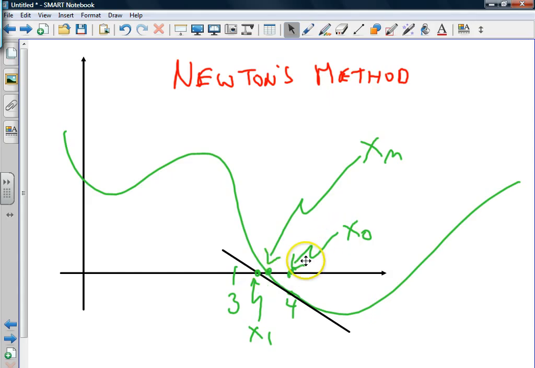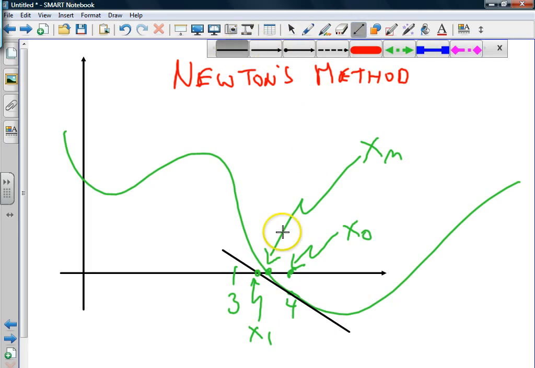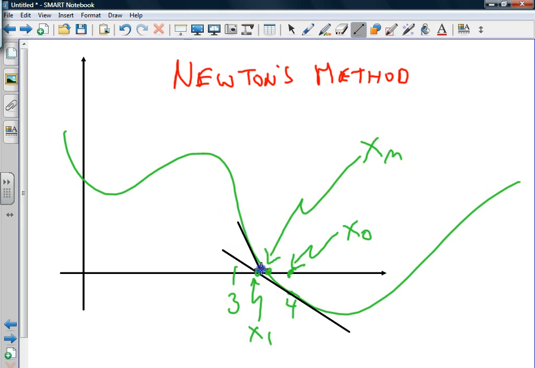The input to my algorithm the next time is this new 0 here. Here's my first input. Give me a tangent line there. All right, now find the 0 of that. That's my new input. Give me a tangent line there. All right, so let me draw a tangent line along the curve at x1. Tangent here, something like that.